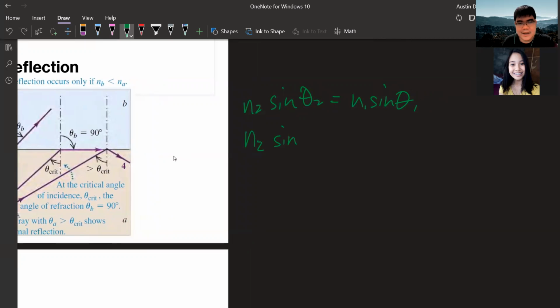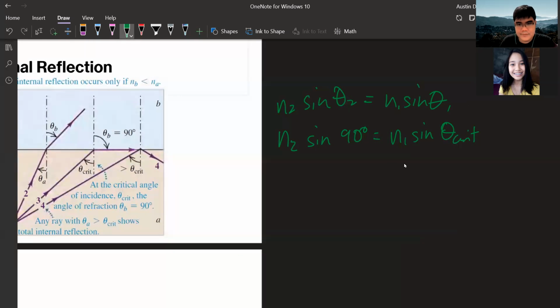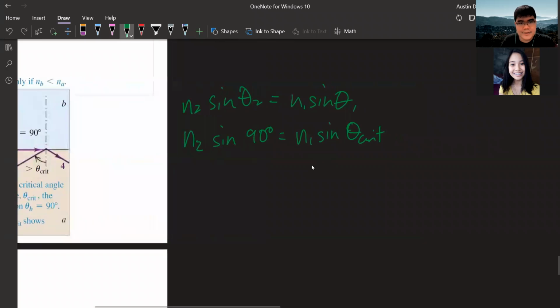Kapag nakaparallel na si theta 2 doon sa interface mo, so that's 90 degrees, si N1 mo nasa critical angle siya. Okay? Theta crit naman ito. Okay?